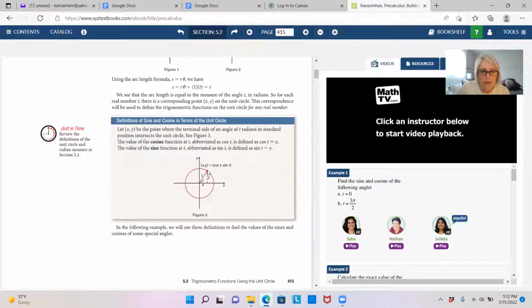And then when you bring from that point on the circle straight down, it forms a right angle. And so we are creating some perfect ratios. And these ratios, one is going to be called cosine and one is going to be called sine. And the cosine of t, that angle, is equal to x, the distance here. And the sine is the ratio of y, which is the vertical distance.